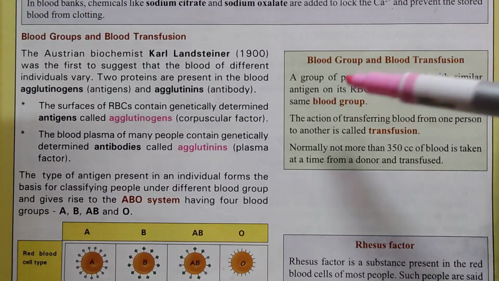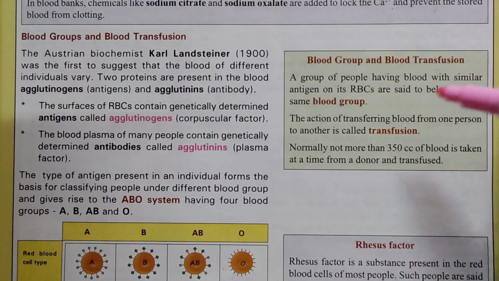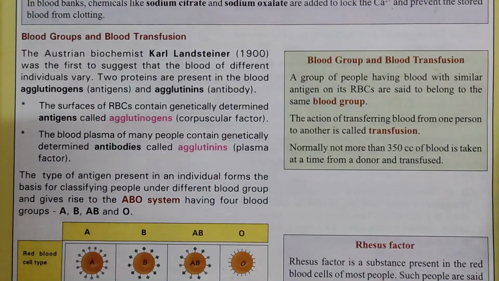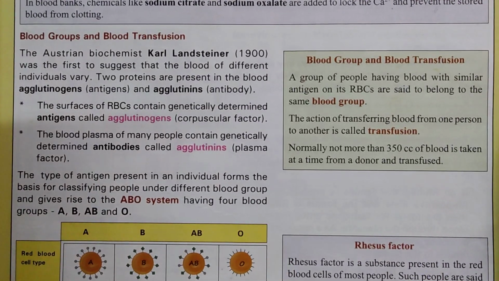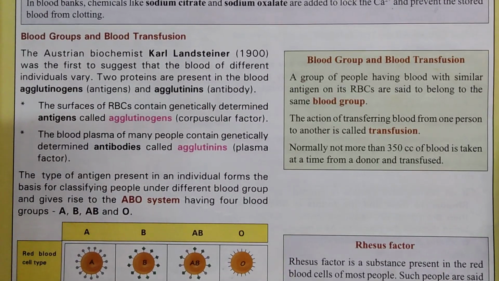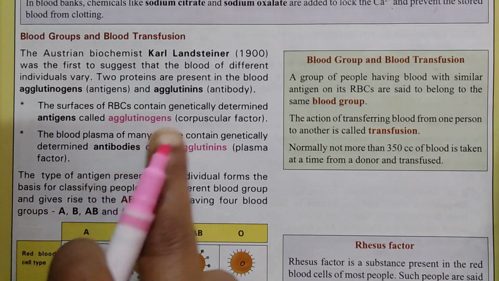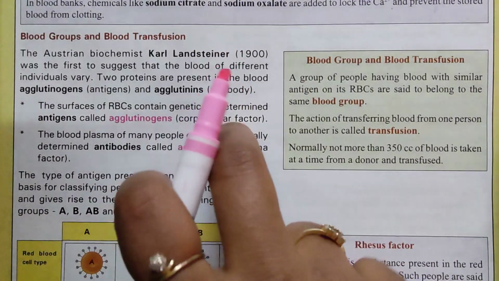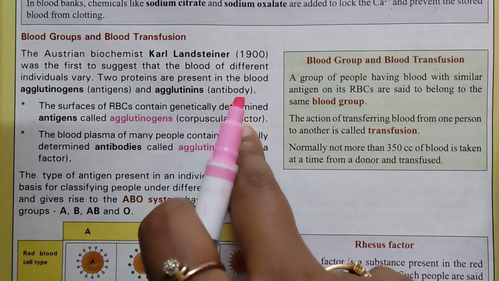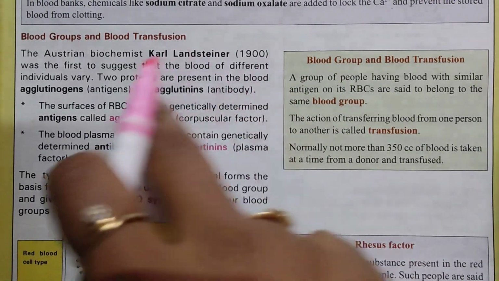What is blood group? A group of people having blood with similar antigen on its RBC are said to belong to the same blood group. Now, how do we recognize different blood groups? Blood group is recognized by the same type of antigen, the corpuscular factor present in the RBC.